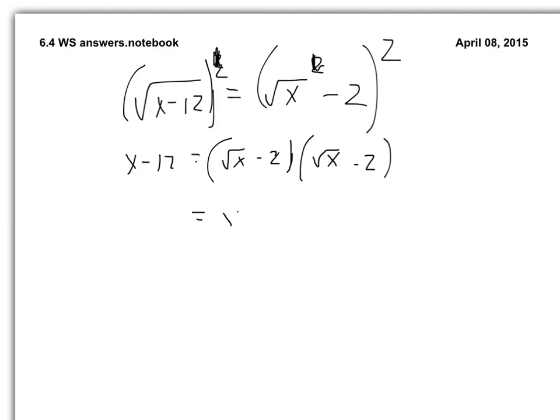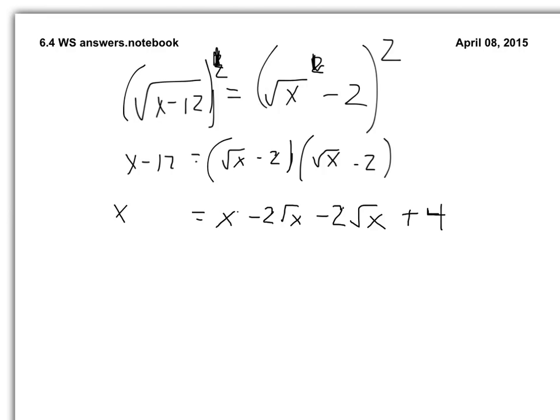Okay, it's just x. Good. Now, outside is minus 2 times the square root of x. Okay, inside is another negative 2 times the square root of x. And last is a positive 4.